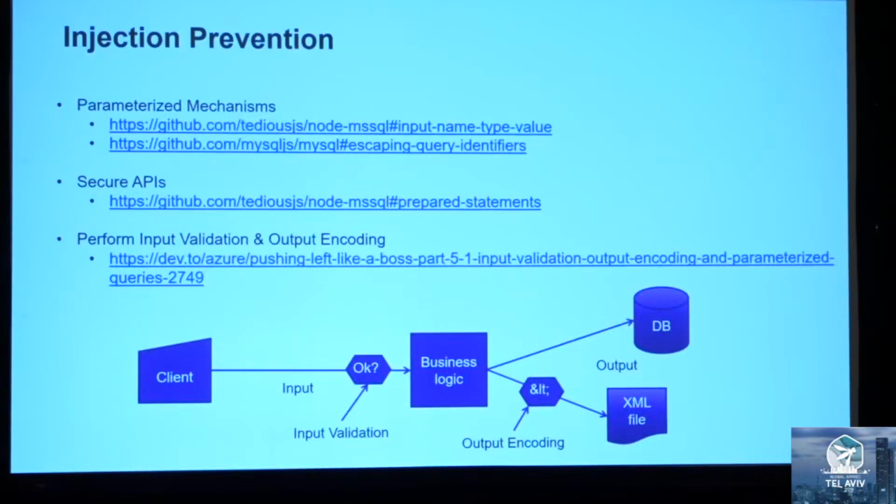It has to be conjoined with something else, such as output encoding. And then when we're working with databases, you might want to consider parameterized queries or safe APIs, such as stored procedures, because stored procedures don't always save you from SQL injection, but if you're doing it correctly, you generally are.